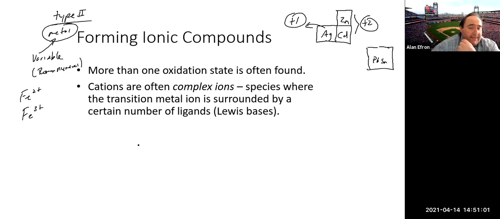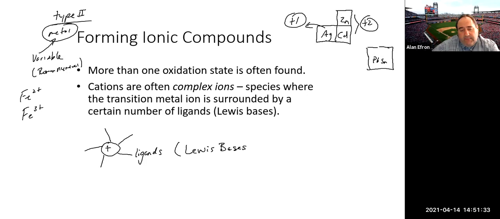In addition, transition metals that have a relatively good positive charge oftentimes will form complex ions. Complex ions are basically a positively charged transition metal, or metal, and attached to that is a number of what are referred to as ligands. Ligands are something that we learned about earlier in the semester, and they are really what are known as Lewis bases, which we will see a little bit later.